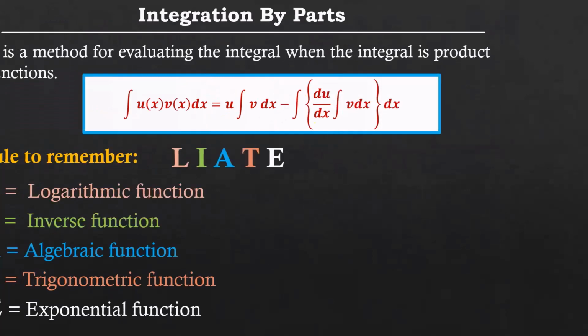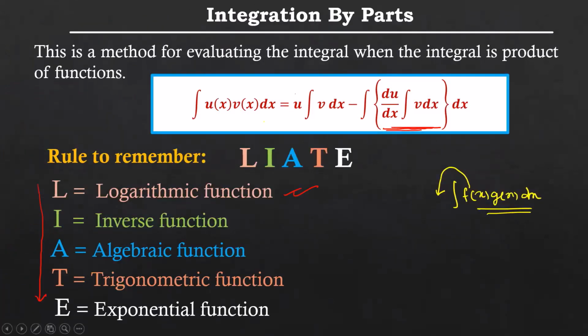Whenever these two terms occur, suppose one is u of x and another is v of x, we take one term outside and we perform the integration on the other part. Now we have to decide which term will come outside, and this preference is governed by this rule, LIAT.